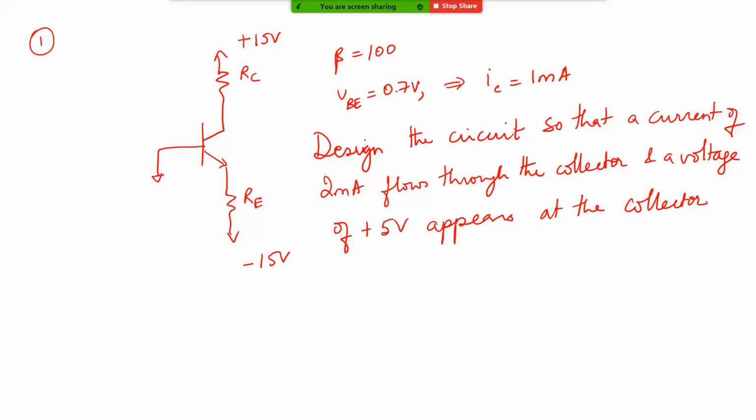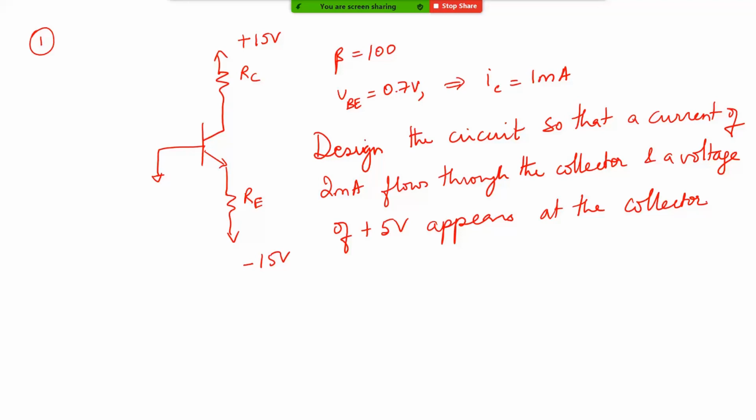So first, when we say design the circuit, you need to find the values of RC and RE, because those are the two unknowns in this particular circuit. So you have the topology of a circuit, and you have been given the beta value, and there has been some measurement which says that for a VBE of 0.7, you get a collector current of 1 milliampere.